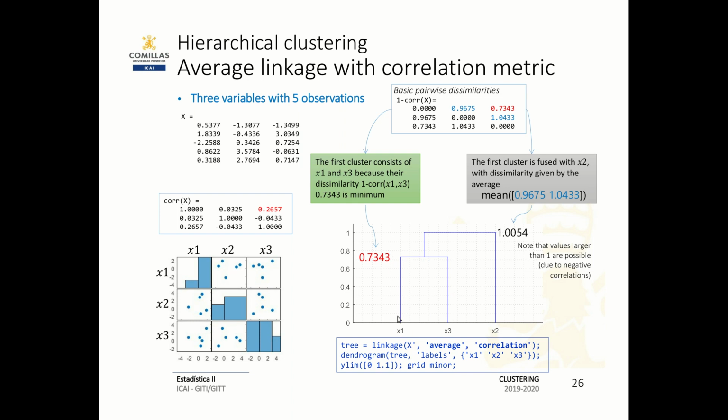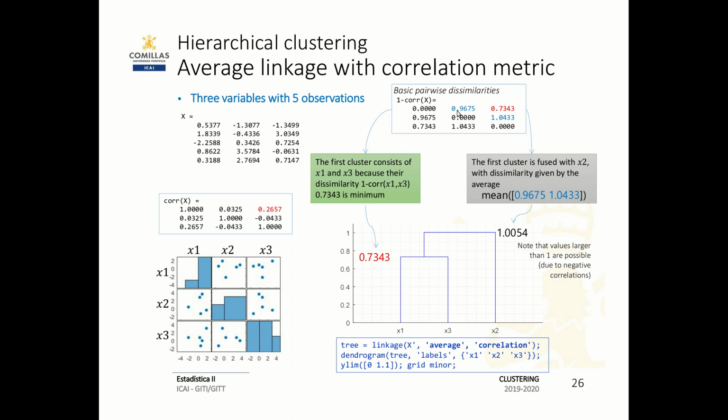Now we have a group, and we compute the average. So let's say that we are using average linkage. Now we compute the distance between x2 and the other group, because now we have a single group. To do that, we compute the distance between x2 and x1 and x2 and x3, and then we compute the average.